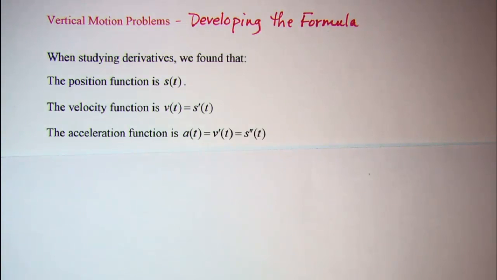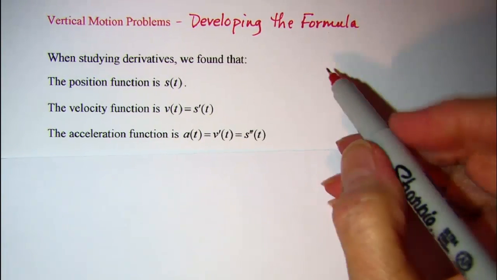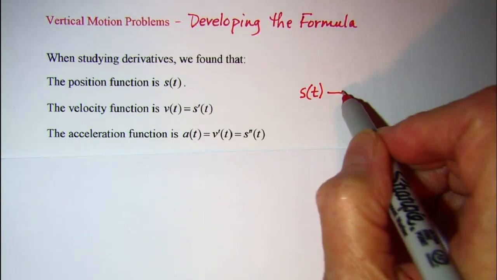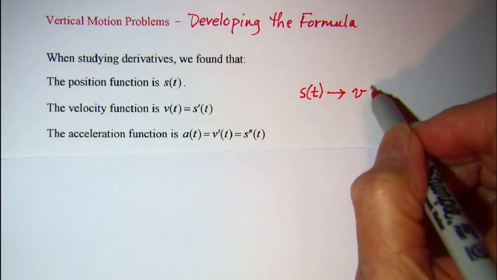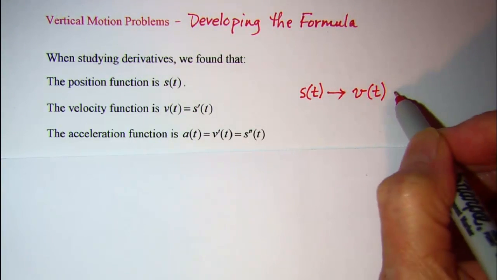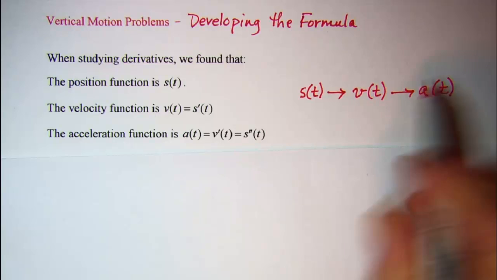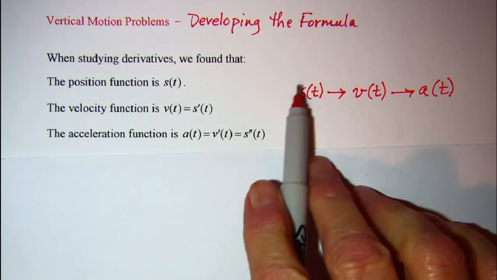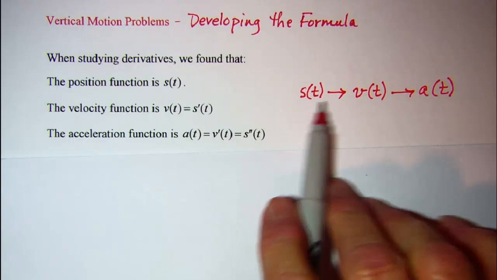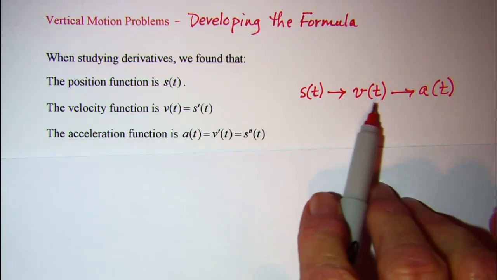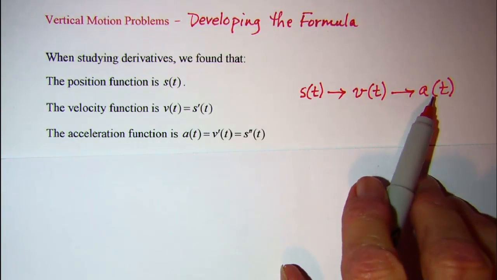So whenever we're doing vertical motion problems, we need to remember the order: s of t, which is our position function, and then v of t, which is our velocity function, and then a of t, which is acceleration. So take the derivative of s of t, that gives us velocity, v of t. Take the derivative of velocity, and that gives us a of t, which is acceleration.